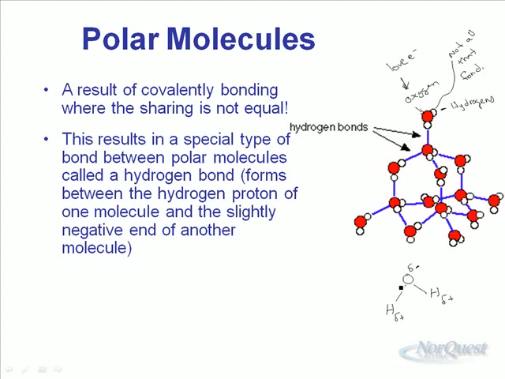And so what this does is it creates what's called a polar bond, or it allows for the oxygen of one water to be attracted to the hydrogens of another water. And so these bonds here, this is the hydrogen bond. It's weaker than a covalent bond, but still significant.